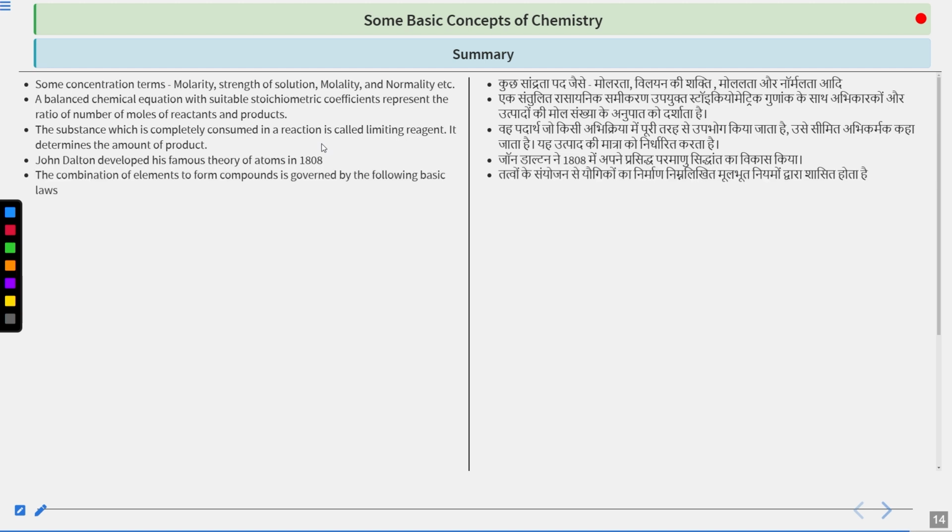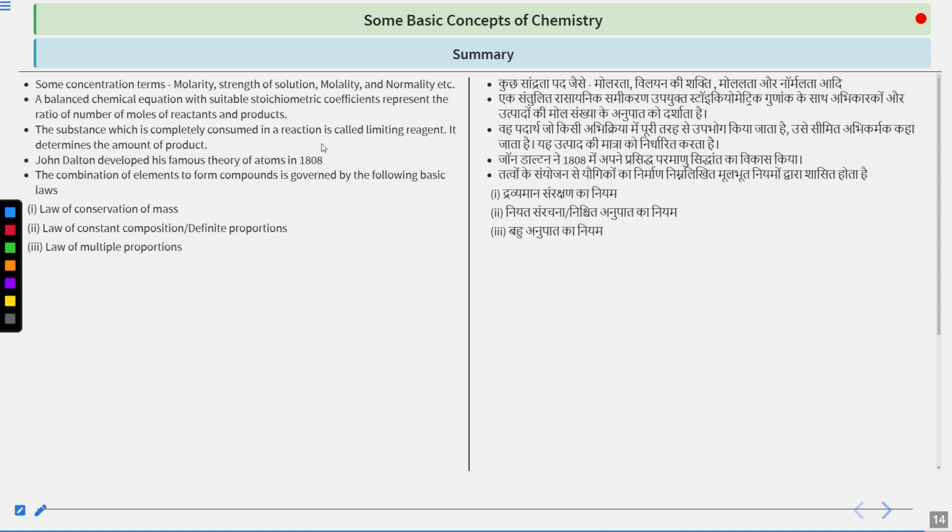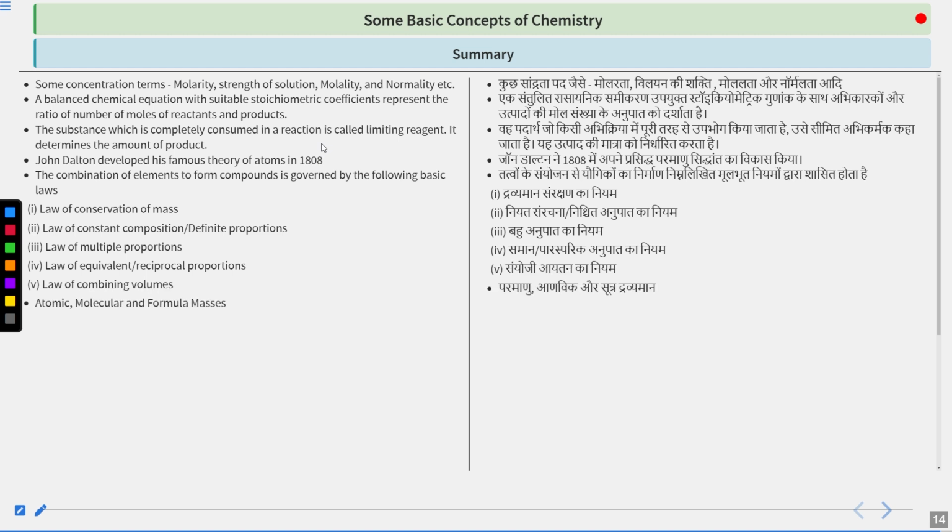Next, the combination of elements to form compounds is given by the following basic laws: the law of conservation of mass, the law of constant or definite proportion, the law of multiple proportion, the law of equivalent and reciprocal proportion, and the law of combining volumes, and at last the atomic and molecular formula mass we have seen, right? Okay, then we have come to the equivalent factor, which was simply the molar mass divided by the n factor.